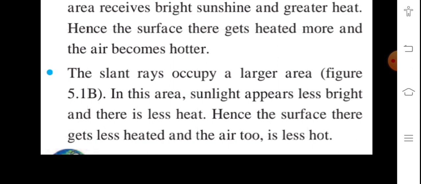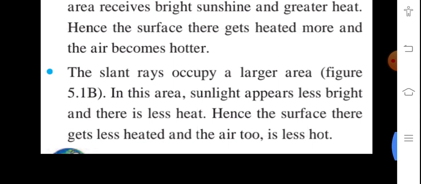In this area, sunlight appears less bright and there is less heat, due to the slanting position of the sun rays.